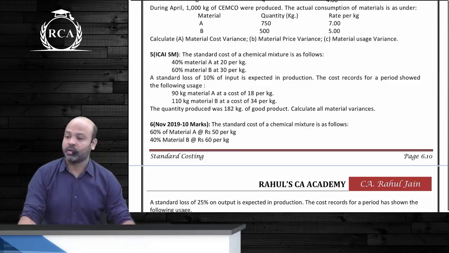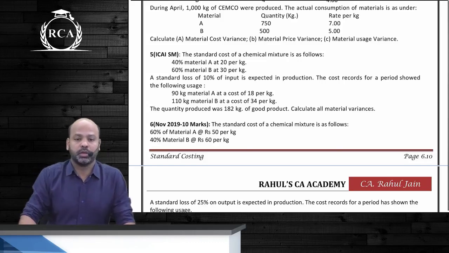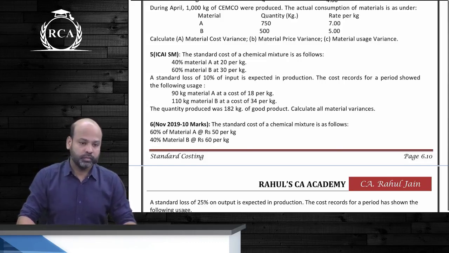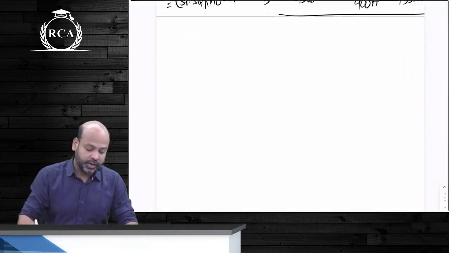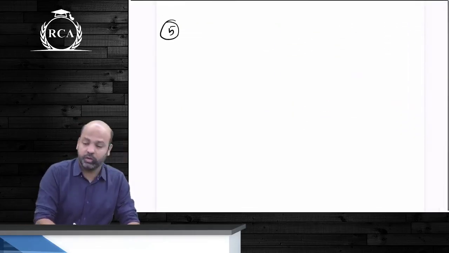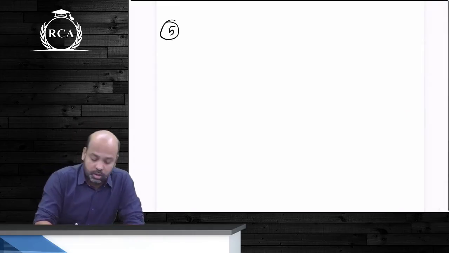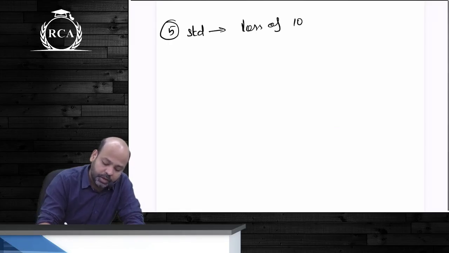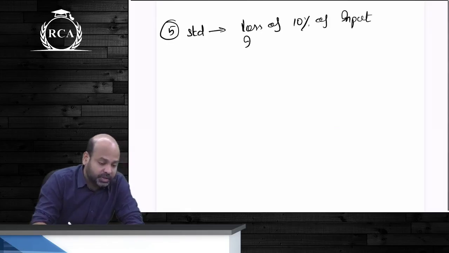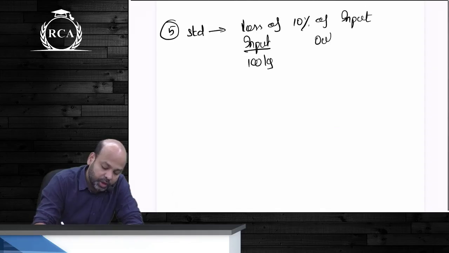How much is standard quantity, beta? How will you compute? Standard quantity for actual output is always and always to be computed on the basis of actual output. According to standard, guys, there is a loss of 10% of input. Yes or no? If there's a loss of 10% of input, that means if the input is 100 kgs, your output should only be 90 kgs.